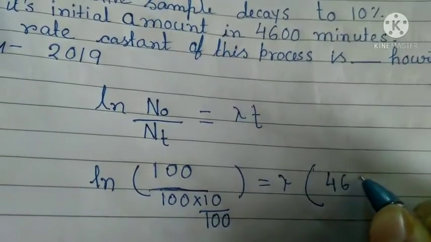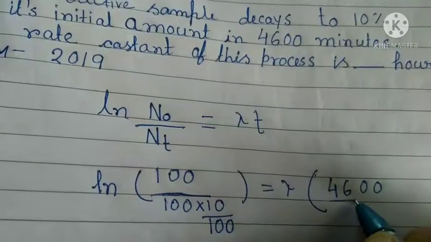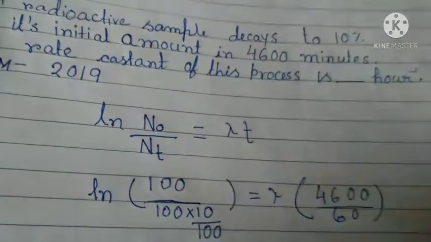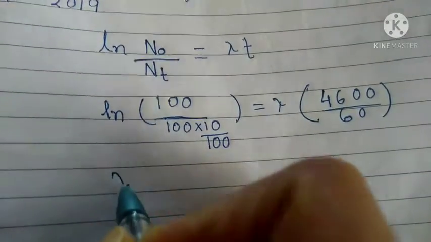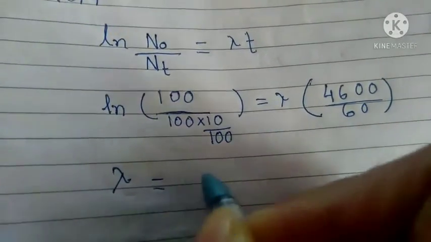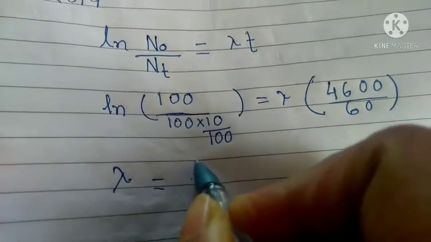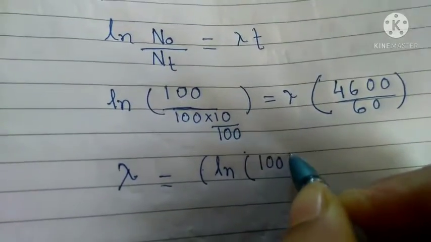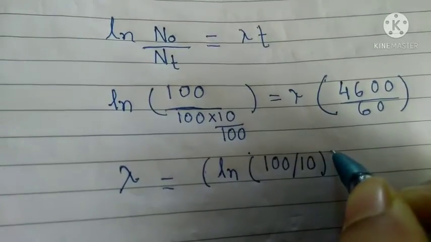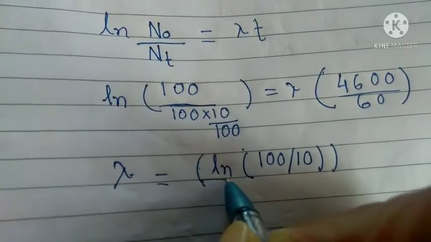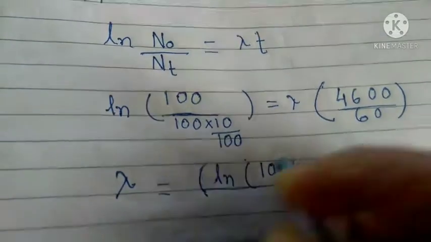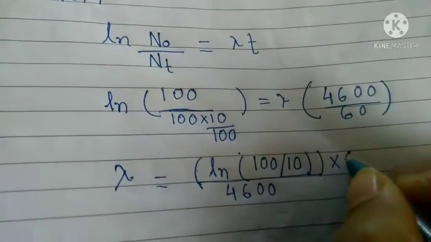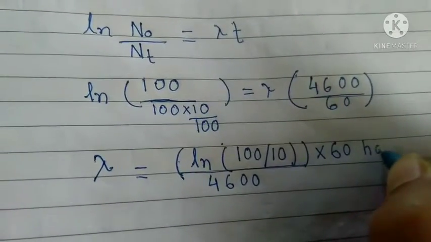So this is 4600 by 60 hours. So the rate constant will be ln of 100 by 10 divided by 4600 by 60 hour inverse.